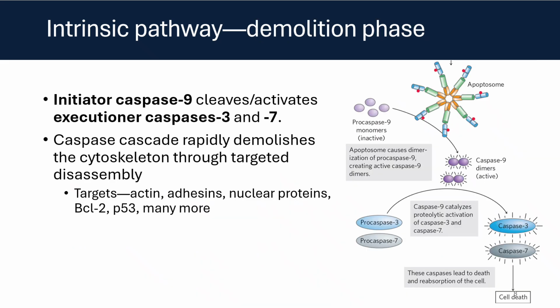The caspases responsible for the final phase, demolition phase, of apoptosis are the executioner caspases 3 and 7. The initiator caspase 9's job is to remove their respective masking sequences blocking the executioner caspases, shown over here. So once the initiator caspases activate the executioner caspases, now they are ready to do some killing.